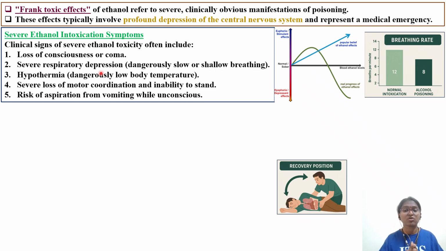You see this in morphine poisoning and fentanyl poisoning also. Dangerously slow or shallow breathing, hypothermia, that is dangerously low body temperature, severe loss of motor coordination, inability to stand, and risk of aspiration from vomiting while unconscious.